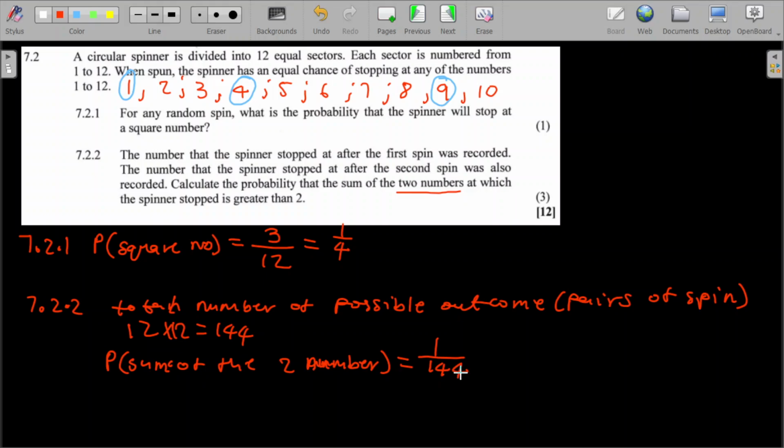Now, in order for me to have the sum greater than 2, remember that the only way the sum of the two spins can be 2 or less is if both results are 1, since 1 plus 1 is equal to 2.